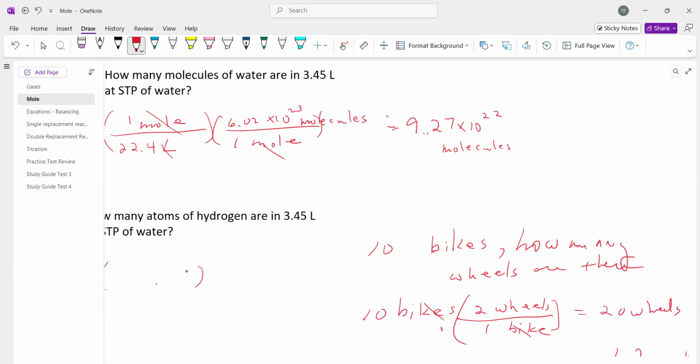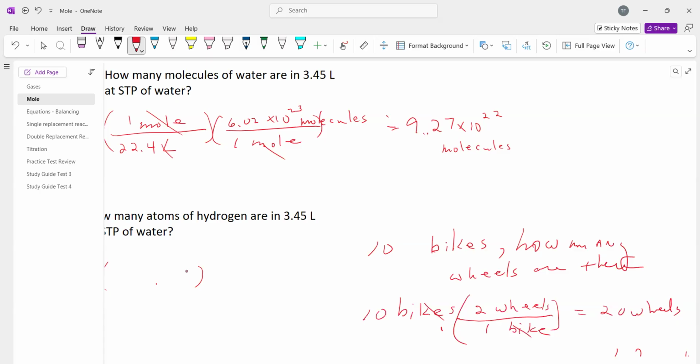And we're gonna play the same game with water. If I have 10 waters, how many hydrogens do I have? 20, as each water has 2 hydrogens. Okay, that paints a lot clearer.